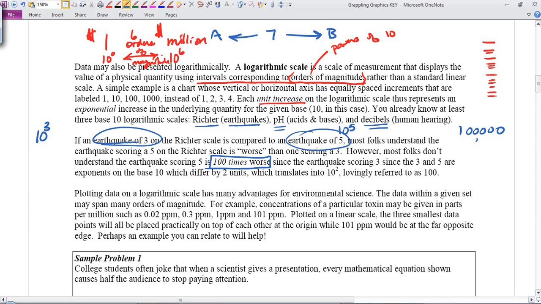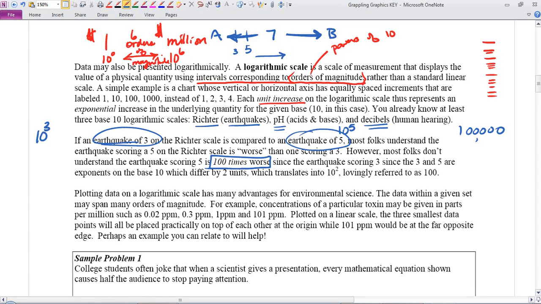So if I talk about an acid that, again, has a pH of 5 versus a pH of 3, the one that is 3 is 100 times more acidic. Okay, so that's backwards from what we just said on the Richter scale because of this moving away from neutral direction. The Richter scale is more linear, going solely in that direction. So you have to know a little bit more about how the scale was constructed.